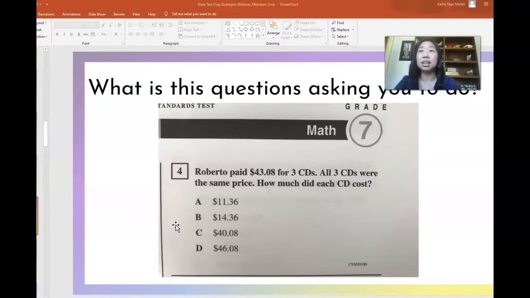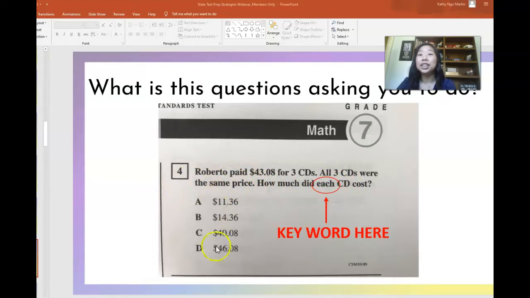So here is an example. This is a previously released test question. So it says, Roberto paid $43.08 for 3 CDs. Your kids, you may have to explain what a CD is. Okay, all 3 CDs were the same price. How much did each CD cost? So what is this asking you to do? The key word here is how much did each cost, right?